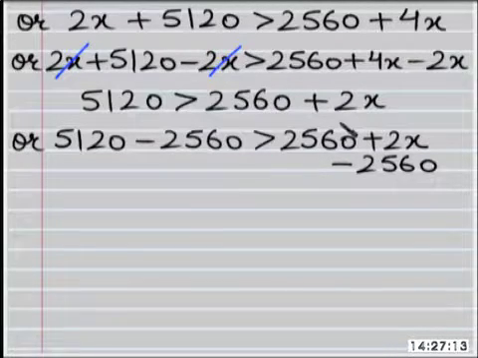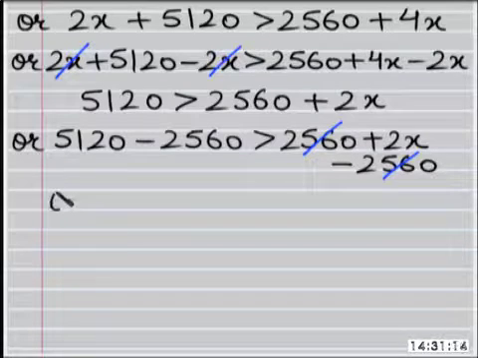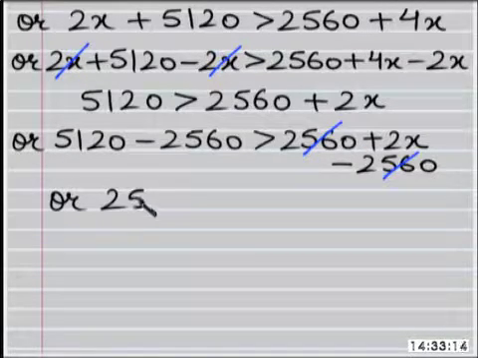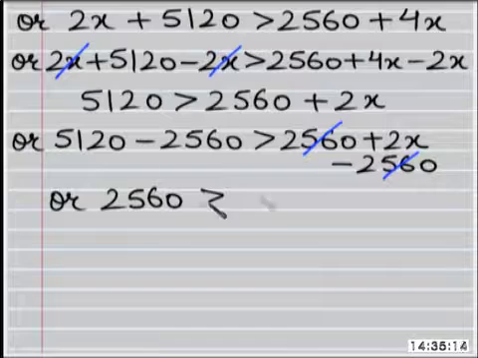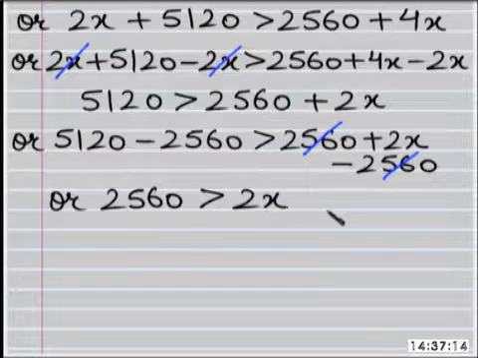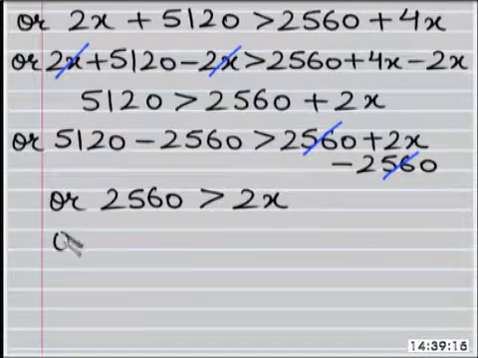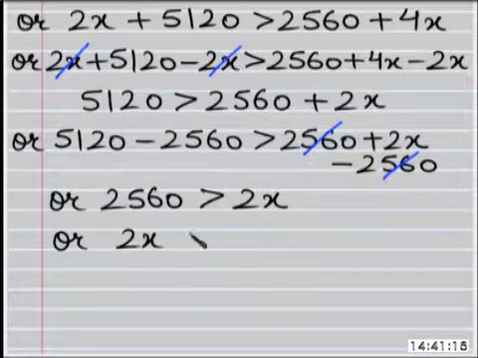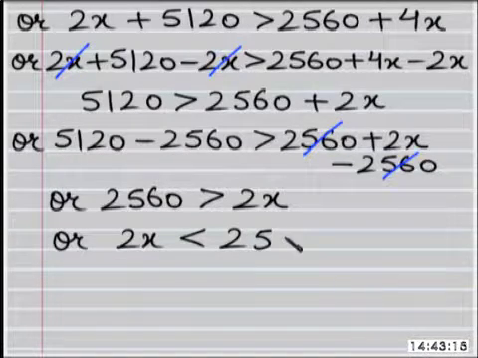Solving it, we get 2560 is greater than 2 into x, or 2 into x is less than 2560.